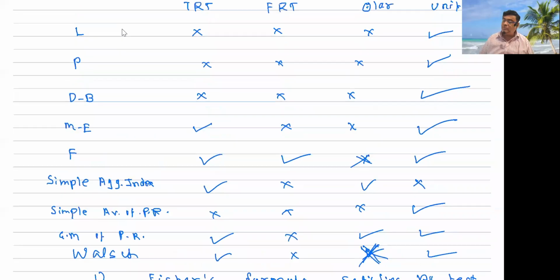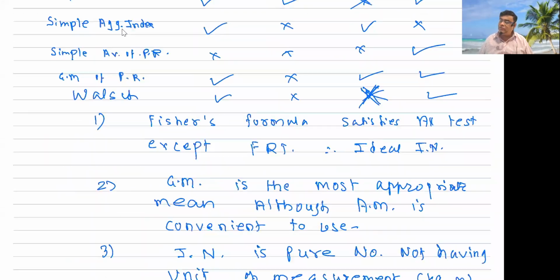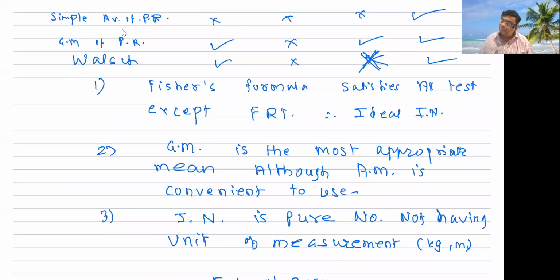See, Fisher's formula does not satisfy only the circular test. Except the circular test, I'm sorry. Except the circular test, not factor. Therefore, it is ideal index.